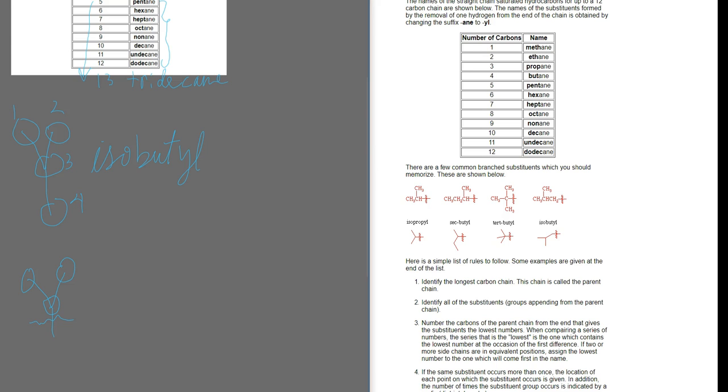This could be something else, probably another carbon chain, I'm assuming. But we will look into that in an example. Just write that there. It's 1, 2, 3. Isopropyl.